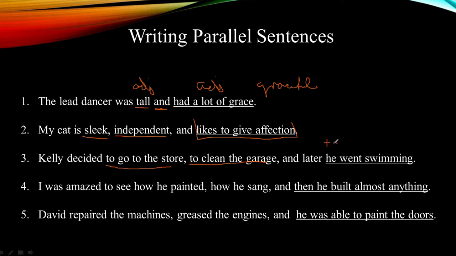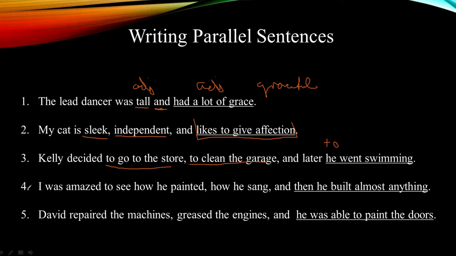And you know, of course, infinitive phrases begin with to, followed by a verb. So you're going to change this phrase, he went swimming, into an infinitive phrase, later, to go swimming. He decided to go to the store, to clean the garage, and later to go swimming.